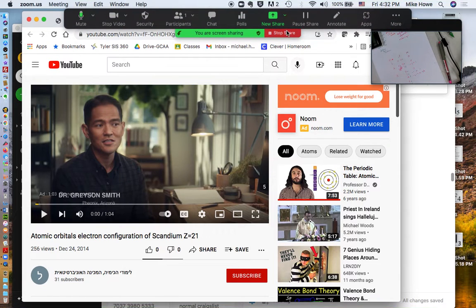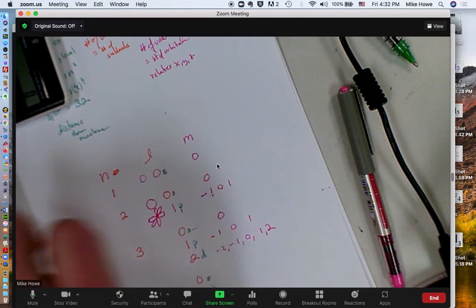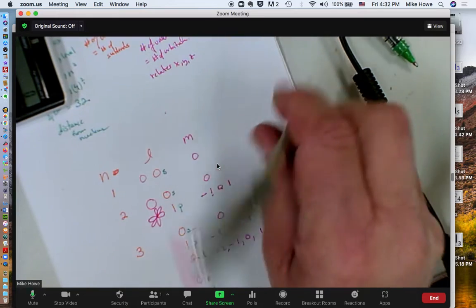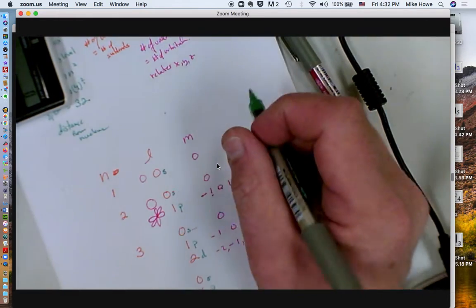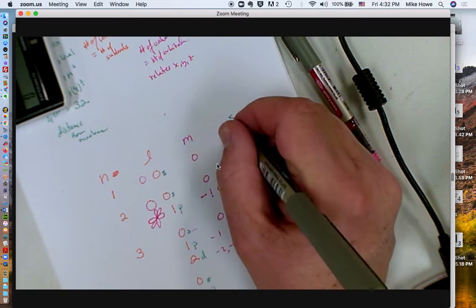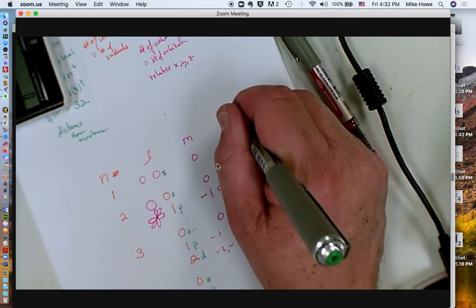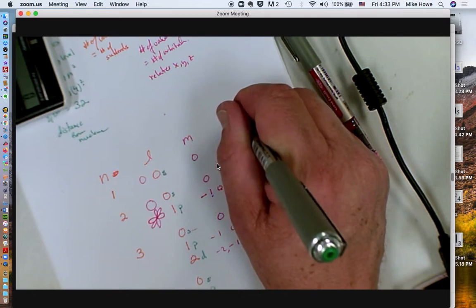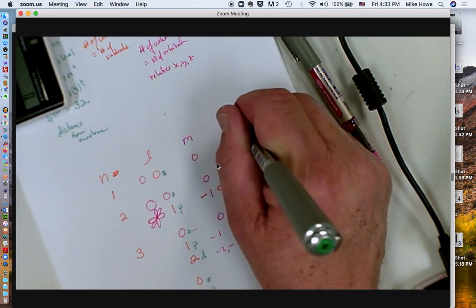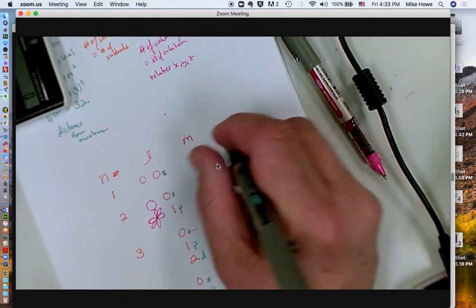Now, one more thing. In each one of these orbitals, there can be 2 electrons, and that's the s quantum number. Okay, that's the spin quantum number. S stands for spin. And in each orbital there can be 2 electrons.